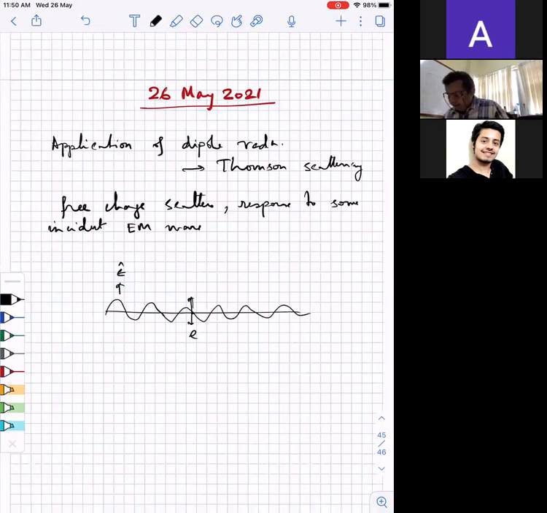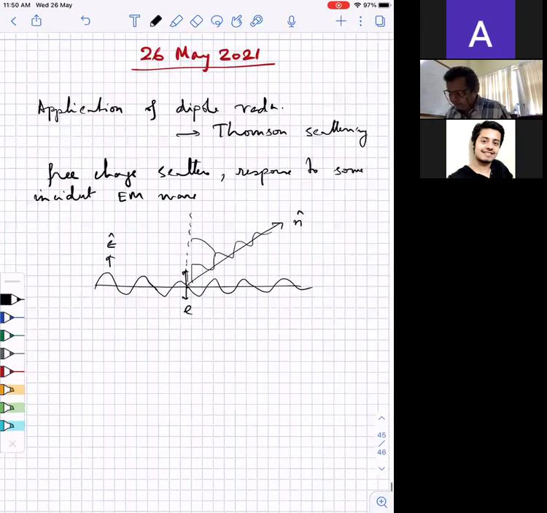And then there's a scattering, like this, and let's say this angle is some capital theta. So that's the basic idea.